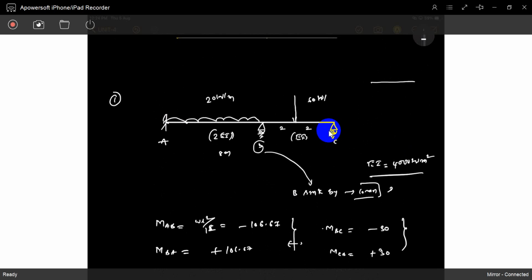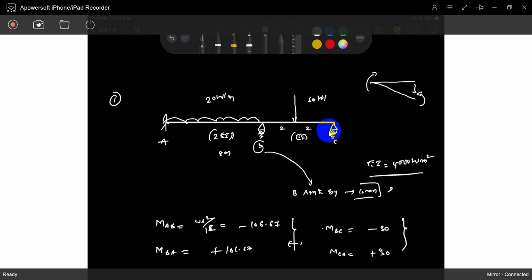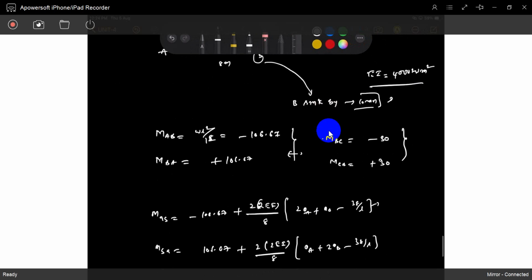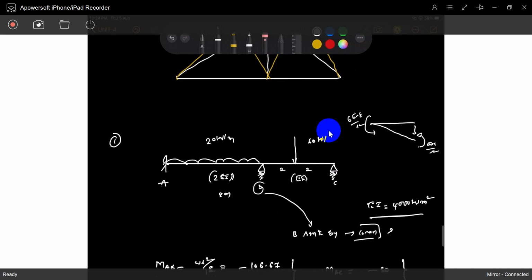So BA also has 6EI delta by L squared. So that's why we include delta by L. Okay, no problem. If B sinks by 10 mm, C is stationary.